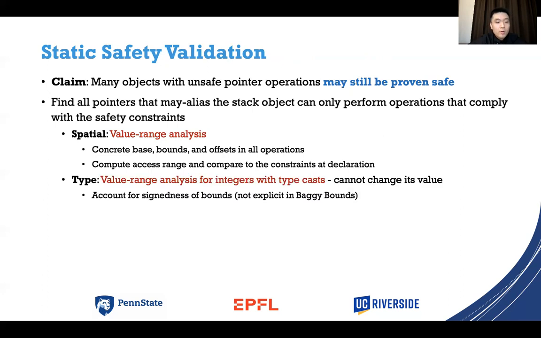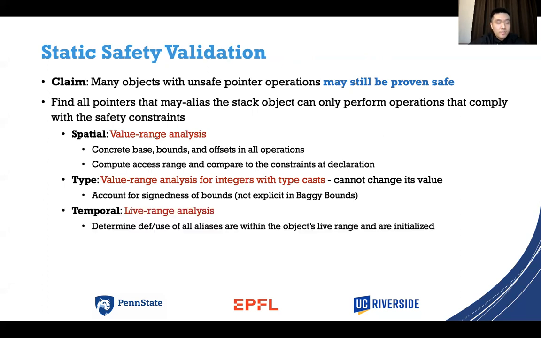For the type safety, we also use the value range analysis to check the integer type casting never changes the integer value. For the temporal safety, we compute the live range interval of the pointer and the objects being pointed to by the pointer based on the liveness analysis. If any pointer use occurs outside of the live range of the object, we deem it an unsafe temporal case.